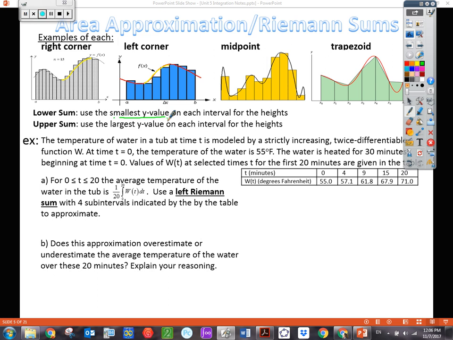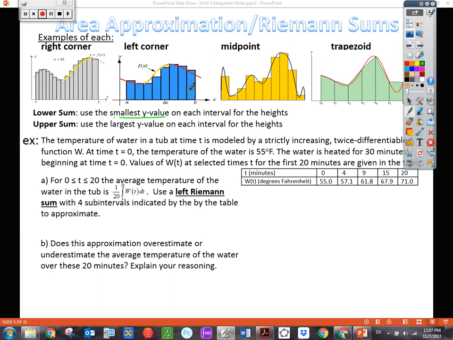If I'm on an increasing function, which one of these do you think would be the lower sum? The right Riemann sum or the left Riemann sum? The left one, right? It's the smaller one. It's got space underneath there.